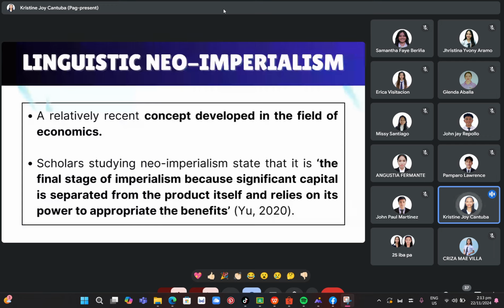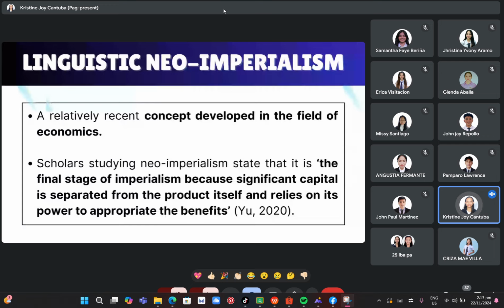The linguistic neo-imperialism departs from the former notion that colonizers impose and determine the use of capital, in this case, their language. I've also mentioned last meeting that the colonizers impose their language. And now, that imposition and aggression of external forces are no longer at play.